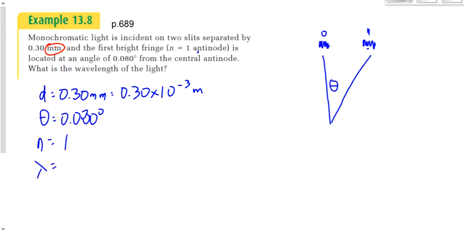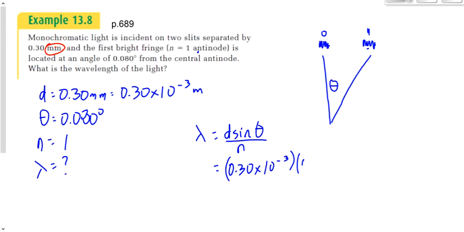Looking for the wavelength here. Let's use the first equation, the one that didn't have the big if beside it. D sine theta over n. D is 0.30 times 10 to the minus 3. Theta is 0.080. N is 1.